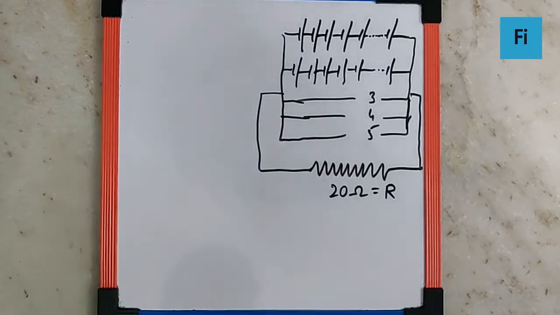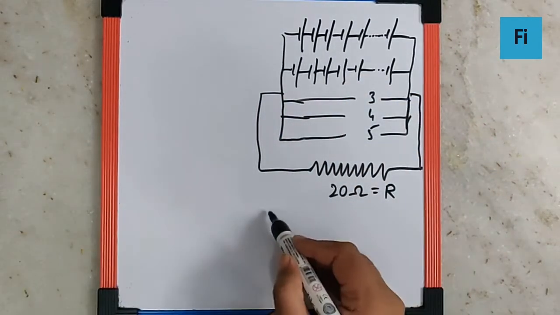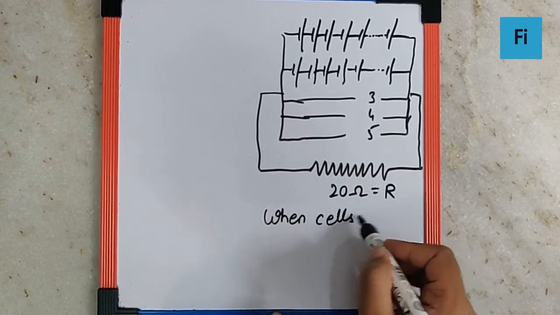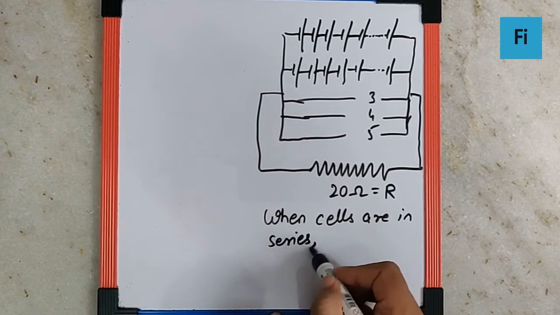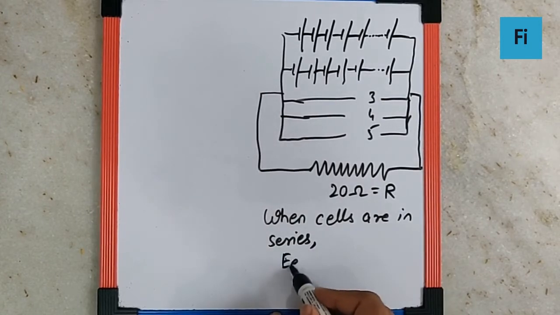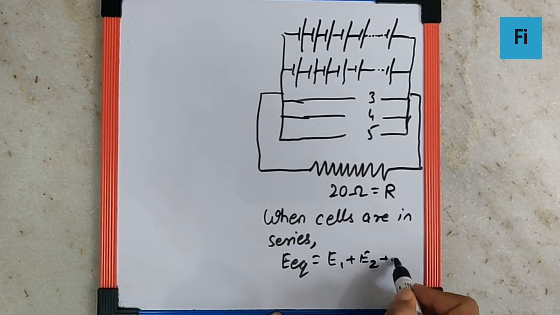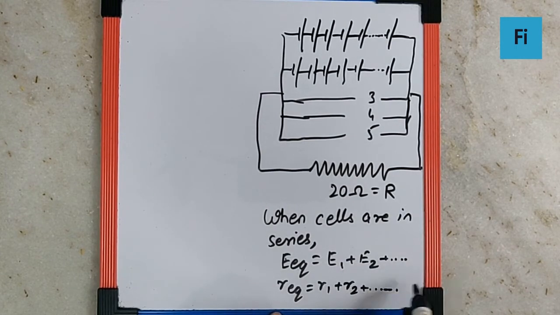Now first thing you need to understand is that when the cells are in series, the E equivalent is actually E1 plus E2 and so on, and R equivalent is R1 plus R2 and so on.